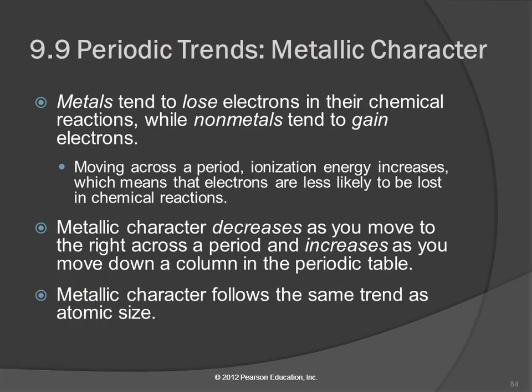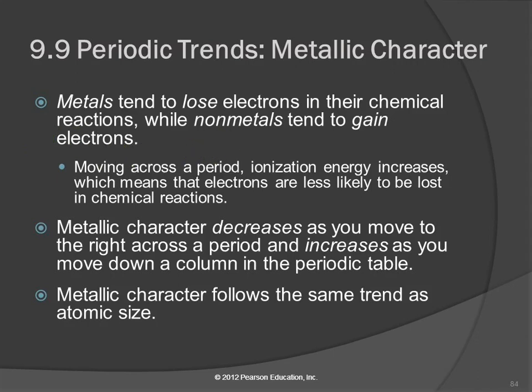Another trend is metallic character. This is probably the easiest one to remember. So metallic character is how much like a metal is this element. Metals tend to lose electrons, and nonmetals tend to gain electrons.